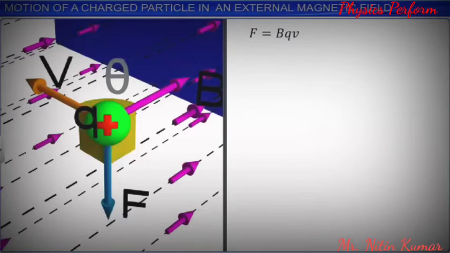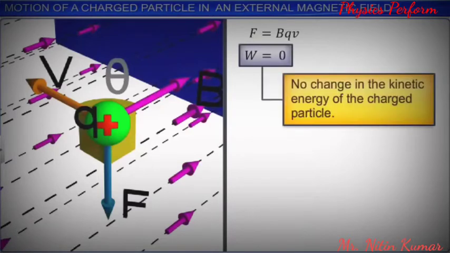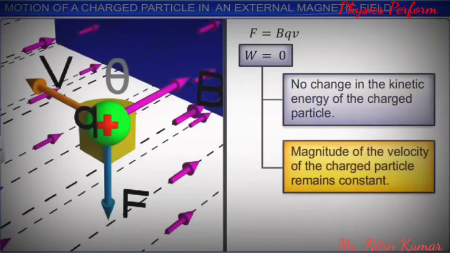In the case of a charged particle in a magnetic field, the magnetic force is acting perpendicular to the direction of velocity, and thus the work done on the charged particle is 0. As the work done on the charged particle is 0, there is no change in the kinetic energy of the charged particle, and the magnitude of the velocity of the charged particle remains constant.